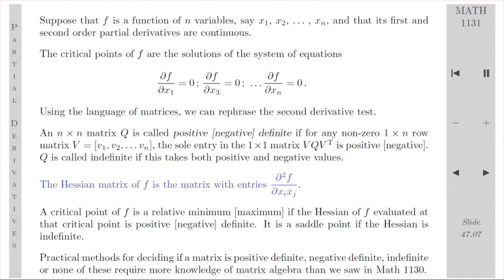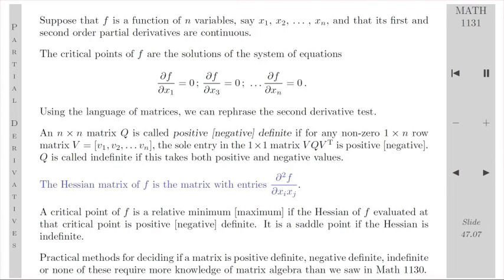The ith row consists of all the partial derivatives where I differentiate with respect to xi in the second step. So the ijth entry in the Hessian of f is the second partial derivative of f with respect to xi and xj. Of course, the order doesn't matter. The Hessian of a function f with continuous second order partial derivatives is what's called a symmetric matrix. If you switch rows and columns, you get the same matrix, or more formally, its transpose is itself. It turns out to be important for calculational purposes.